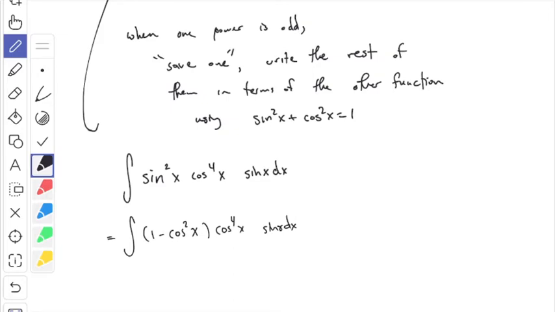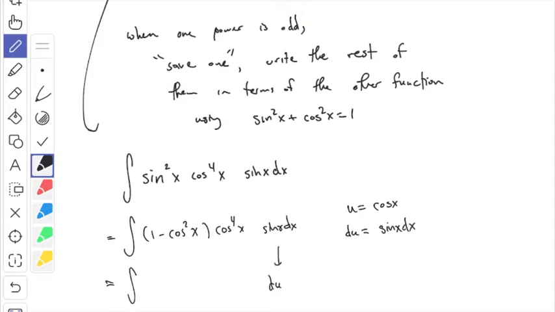Okay, so now everything is written in terms of cosines, except for that one extra sine at the end, but actually that extra sine is going to help us do the u substitution. So now I'm going to do the substitution, u equals cosine x, and du equals sine x dx. This is why I saved one of the sines, because it means that where I see sine x dx, that becomes du.